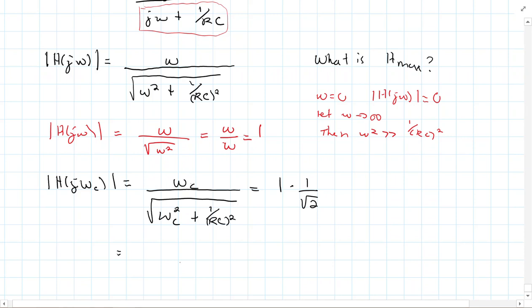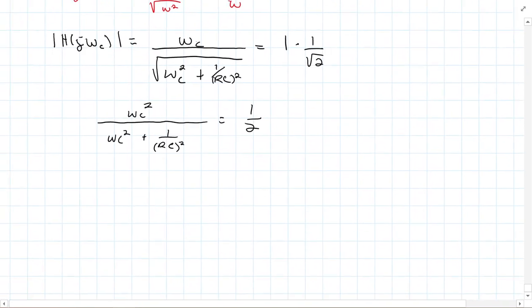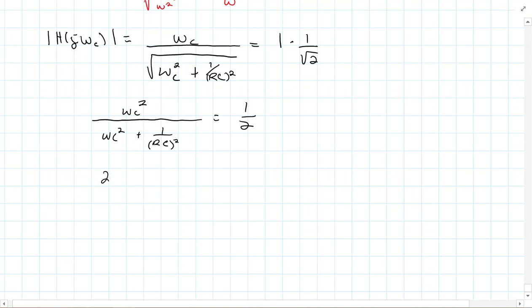Well, I'm just going to go ahead and square both sides right now. So I'd have omega c squared over omega c squared plus 1 over RC squared is equal to 1/2. Then just cross multiplying here, you get 2 omega c squared is equal to omega c squared plus 1 over RC quantity squared.